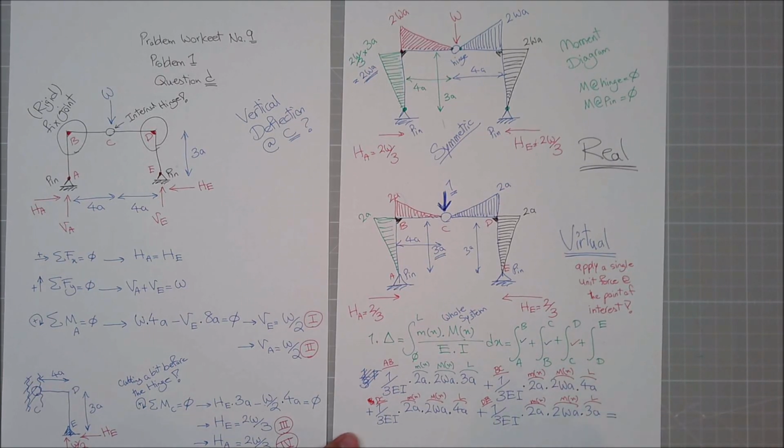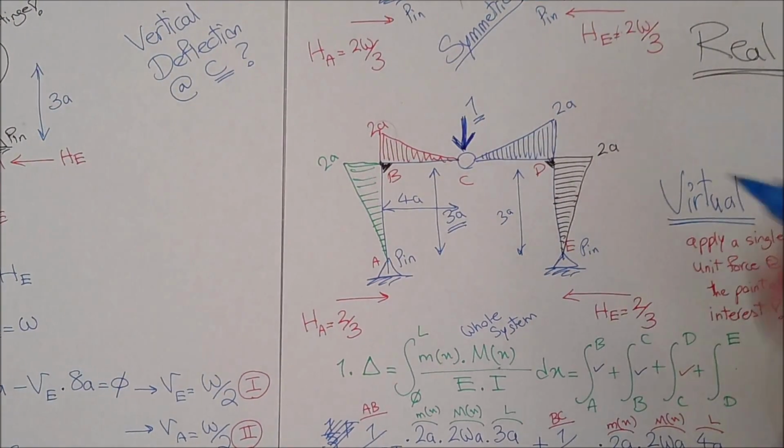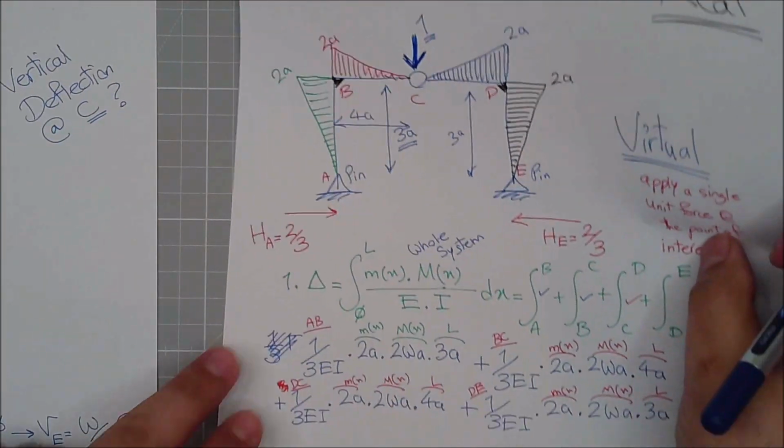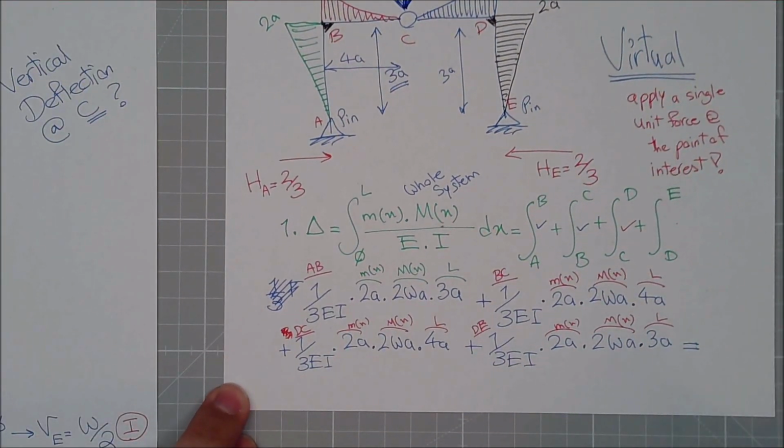Now if I sum these up and simplify them, what will happen? I can say, let's take all of these out, and let's take all of these 2a's and 2wa's out as well. So we'll be left with 3, 4, 4, 3.